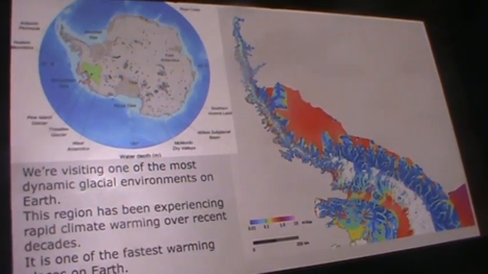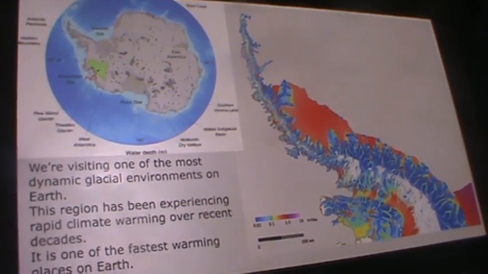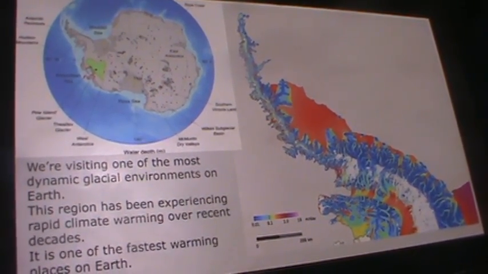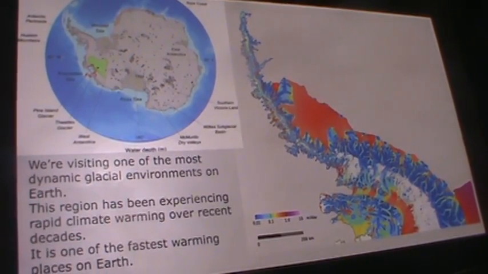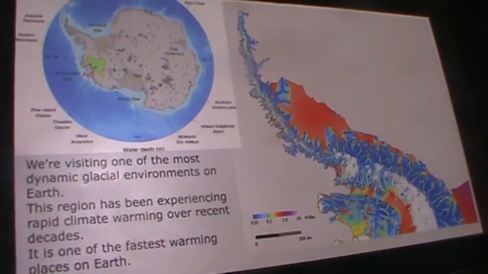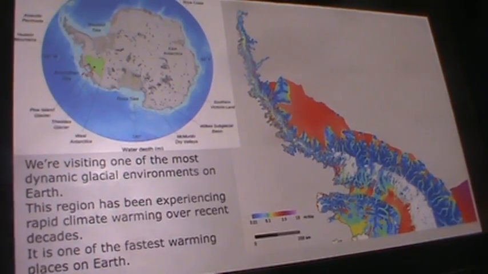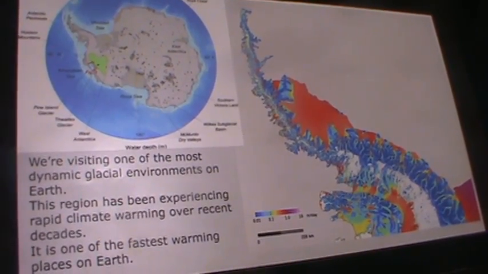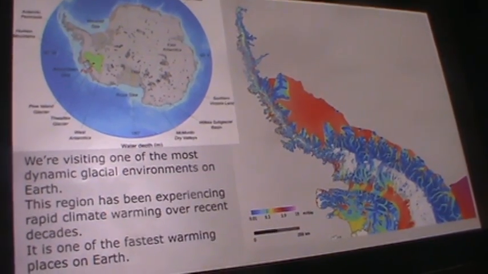But as we're visiting this part of the Antarctic Peninsula, you can see these areas here in red. They're showing you where the ice is melting faster and faster. So the big iceberg we saw a couple of years ago wasn't really part of this, but the area that we're going to is one of the most dynamic glacial environments on Earth.